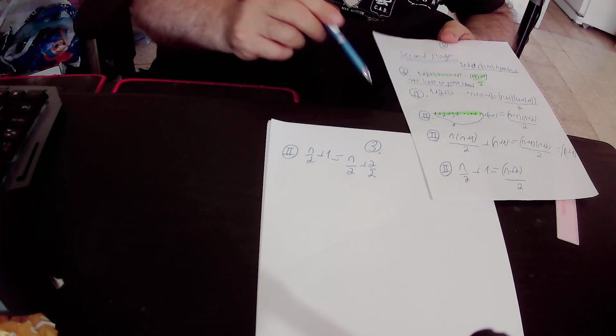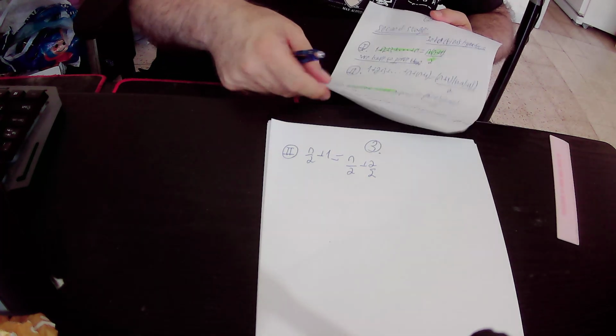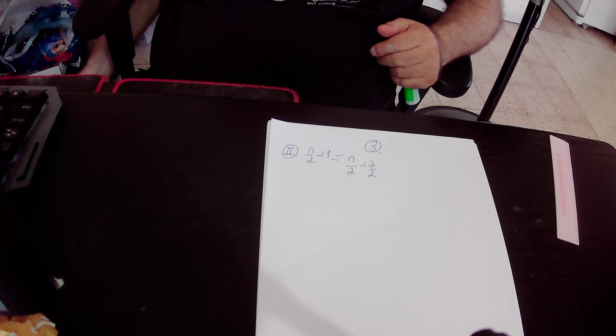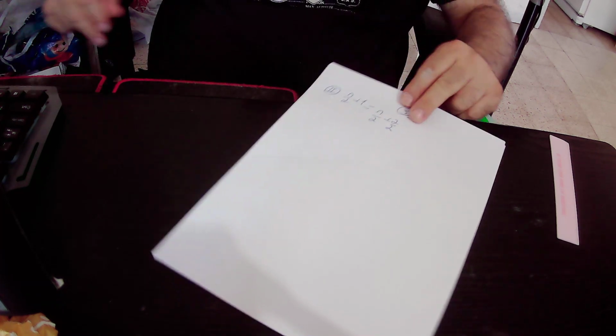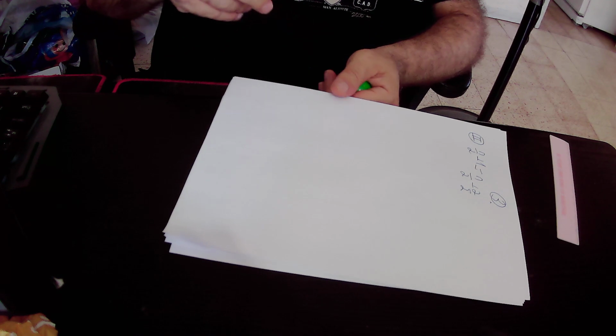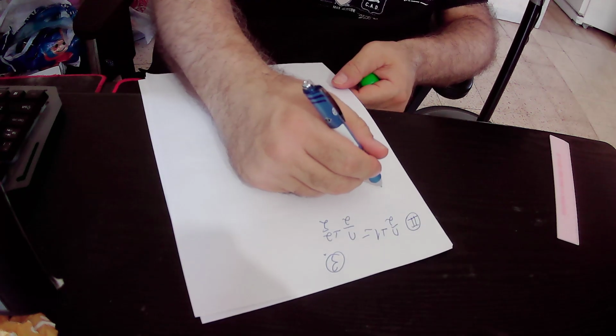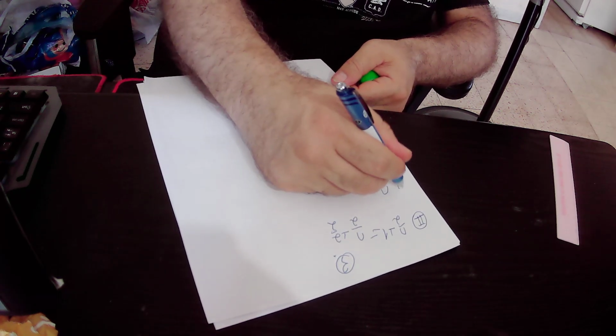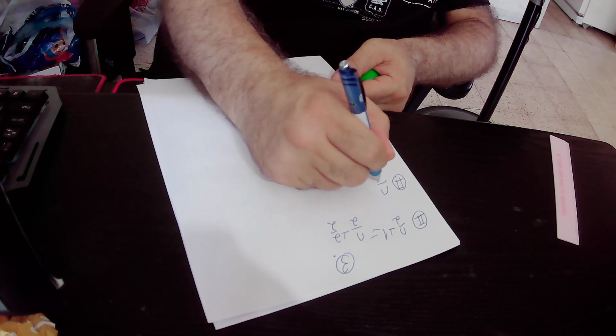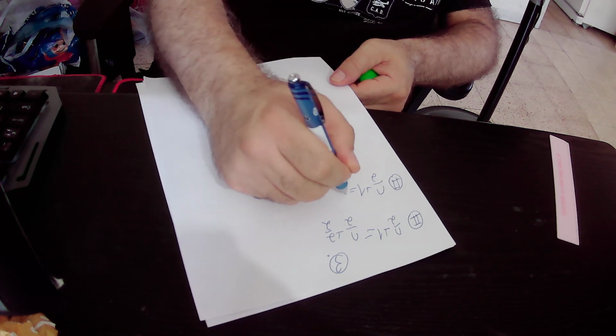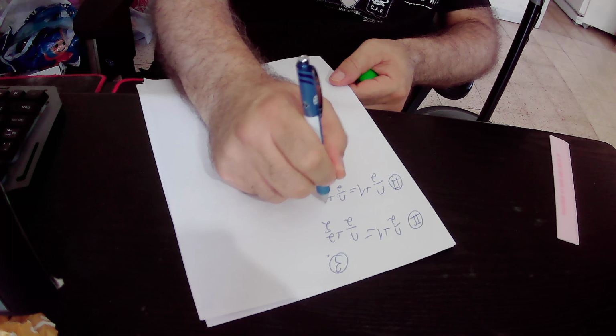And 2 divided by 2 equals 1. So we will get that n divided by 2 plus 1 equals n divided by 2 plus 1.